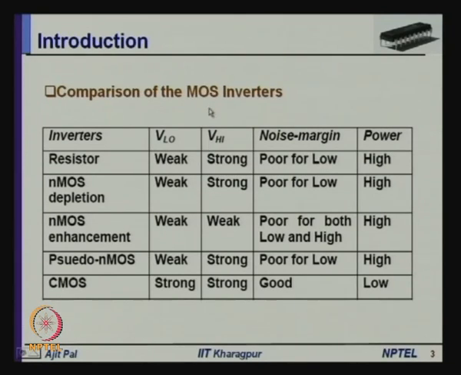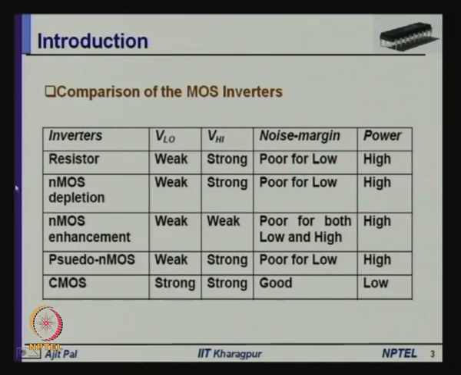In the last two lectures we have discussed different types of MOS inverters that you can realize. We have seen the inverter realized with an NMOS transistor as the pull down device, and various types of pull up devices like resistor, NMOS depletion mode transistor, NMOS enhancement mode transistor, pseudo NMOS inverter, that is, a P type MOS transistor used as pull up device, then the CMOS inverter.